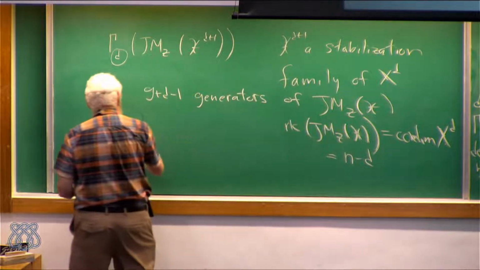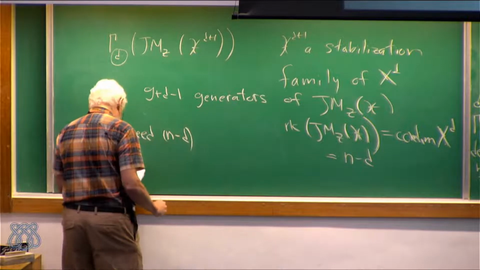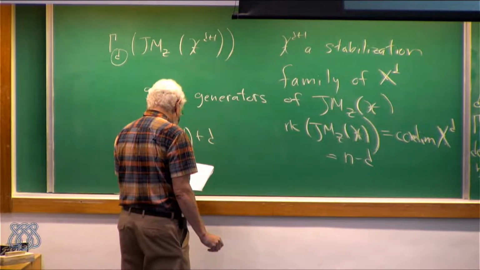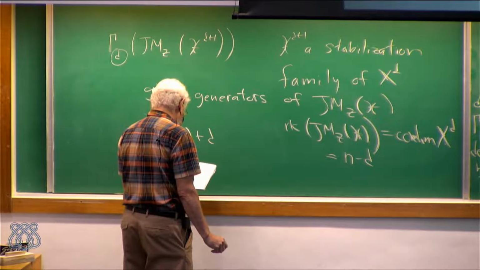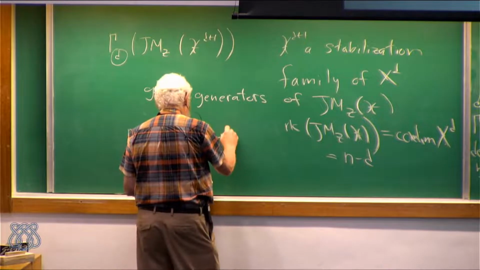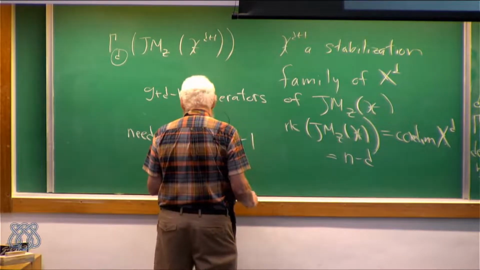So we need n minus d, that's the g, plus d plus 1, because the dimension's increased by 1, minus 1 generators.